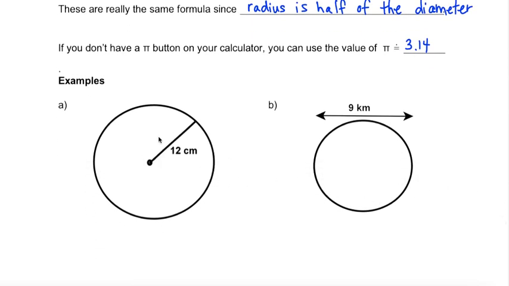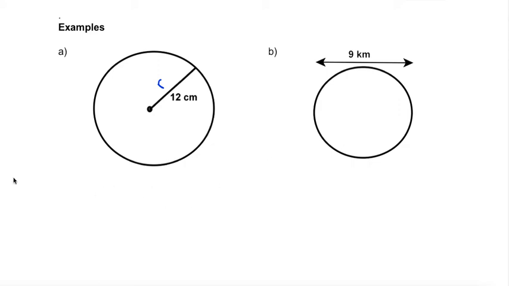For example A, I know the radius of my circle, halfway, is 12 centimeters. So I'm going to use the circumference formula that includes my radius, which is 2 pi r. So I'm going to do 2 times 3.14 times my radius, which is 12.